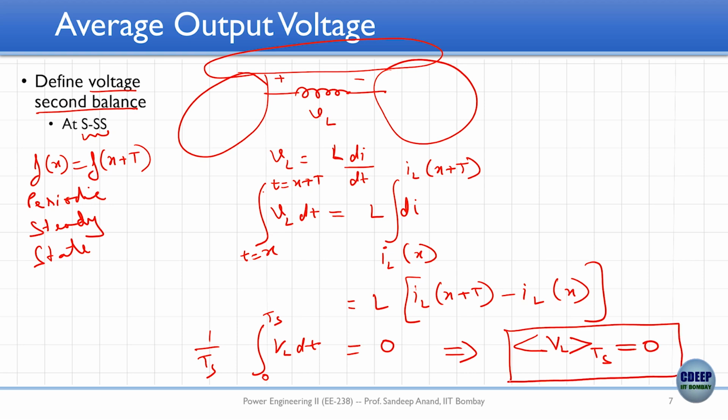This relationship we call volt second balance, which is the same as saying that the average voltage across the inductor will be equal to 0, or the integral of V dt, which is the volt second balance, is equal to 0.